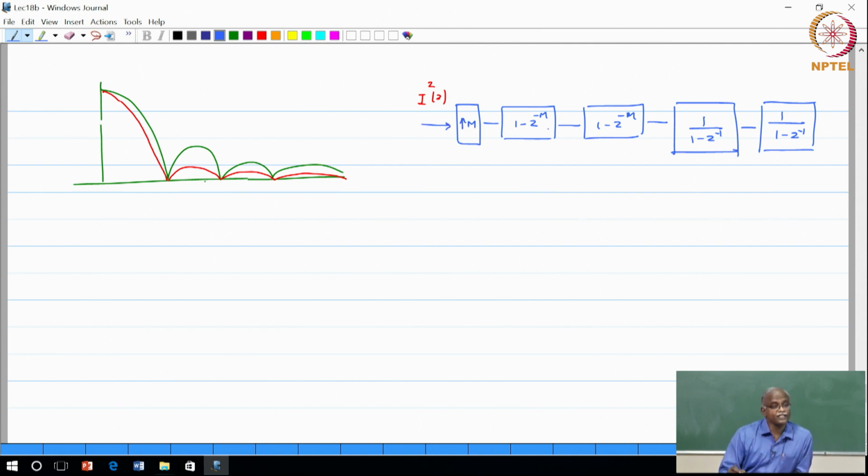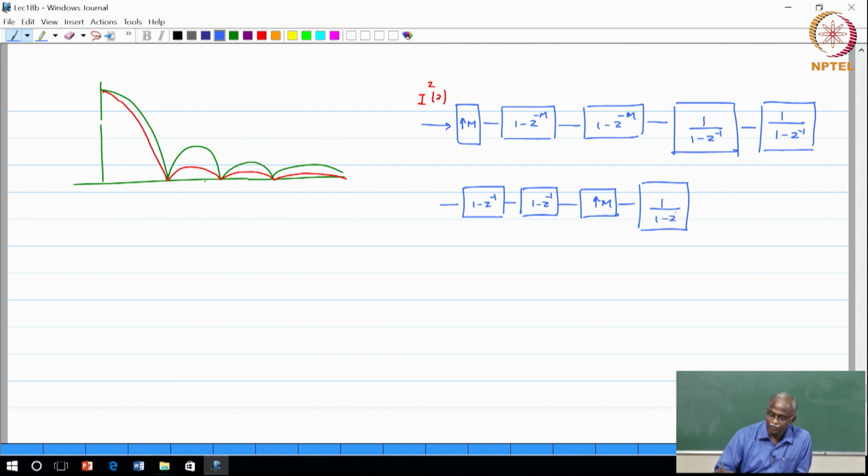I can move it past the first block, I can move it past the second block. This can actually be written as 1 minus z inverse, 1 minus z inverse, upsample by a factor of m, and then have the two integrators cascaded with each other, 1 over 1 minus z inverse, 1 over 1 minus z inverse.